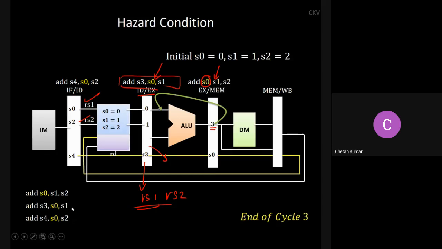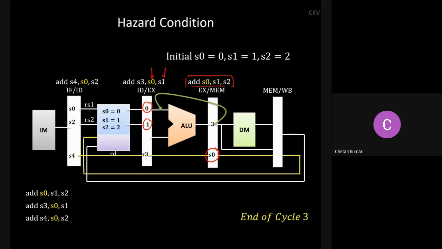Have to use a mux. Where will I use a mux? Again, please try to understand the problem. I know my destination for this instruction. To know whether to forward this value or not, I have the data here, but I don't have the information about the register number. So I need to check the instruction stored in the ID/EX register and know its RS1 and RS2 fields. Only then will I be able to make the comparison and see if it is equal to the source or not.